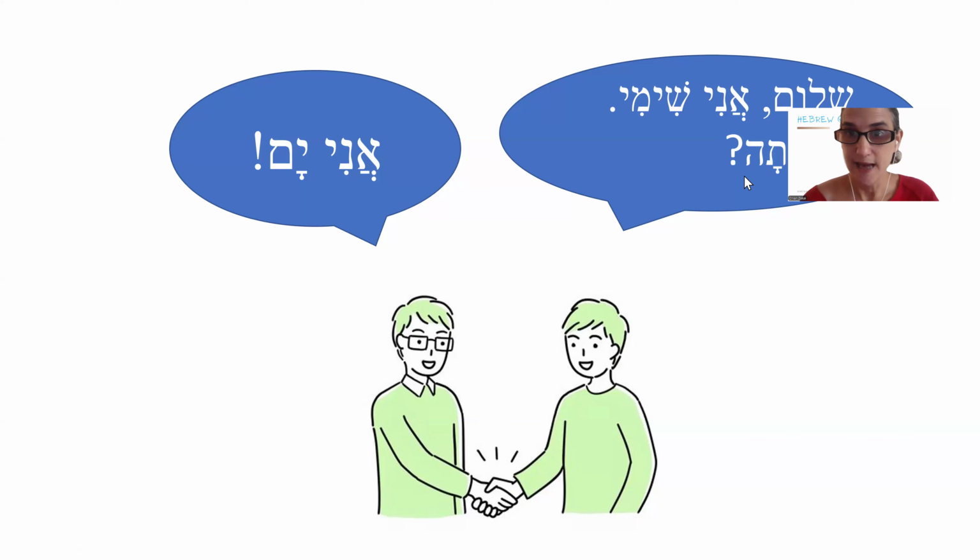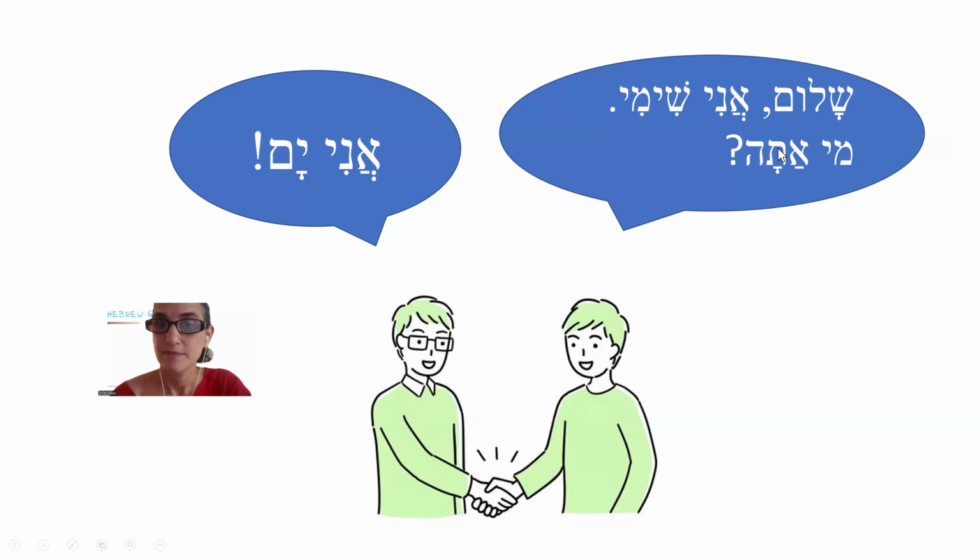Let's read this little dialogue together. Some of the words you already know, and for some of them, just repeat after me. Shalom, ani Shimi. Mi, ata? Who are you?